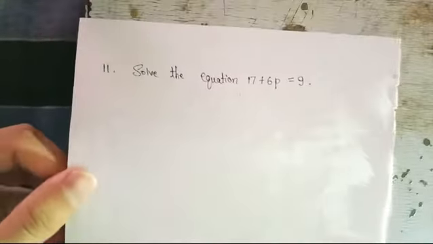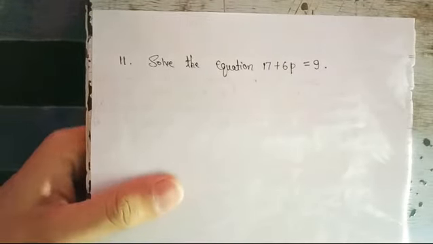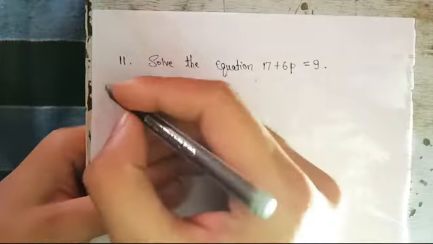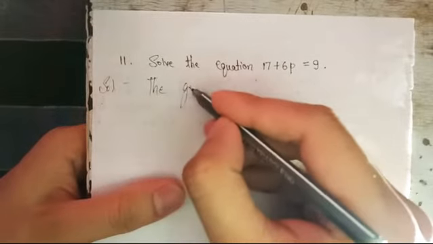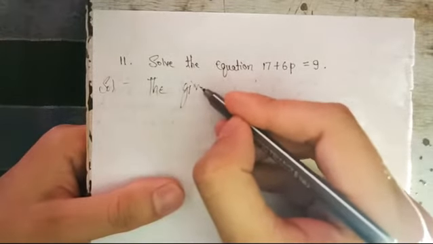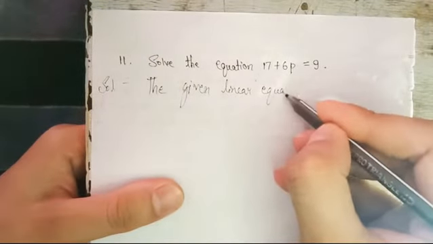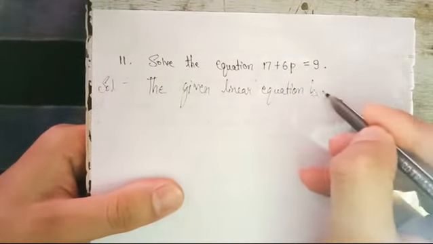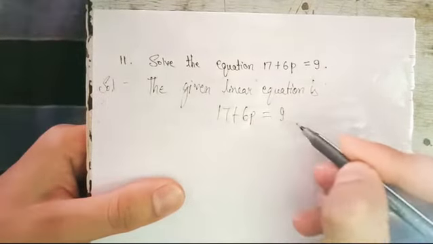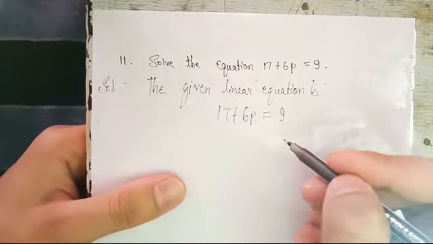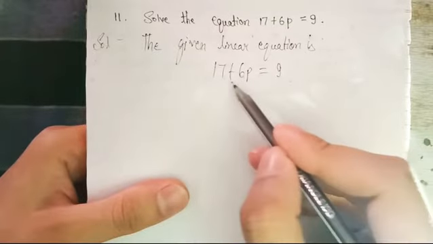Now one more question we have. Solve the equation 17 plus 6p is equal to 9. So firstly, we will write the given linear equation: 17 plus 6p is equal to 9. Okay, now first of all we want to remove this 17 from the left hand side.